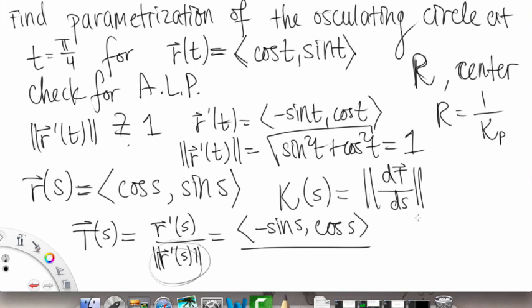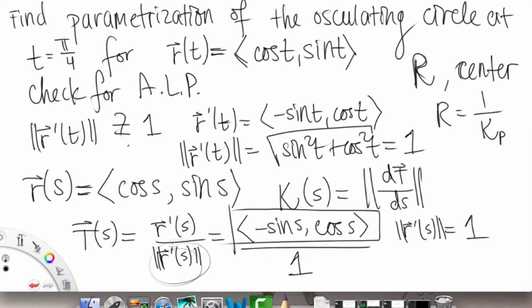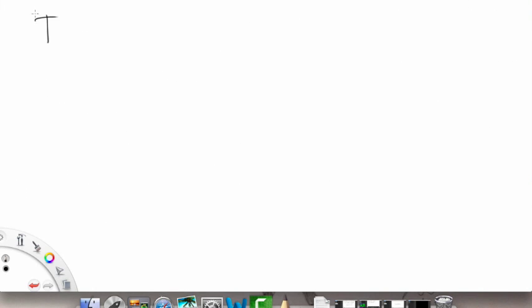It just happens that the magnitude of r prime of s equals 1. So that's just 1, and this is our unit tangent vector, and we'll continue from there. We found that our unit tangent vector is negative sine s, cosine s.